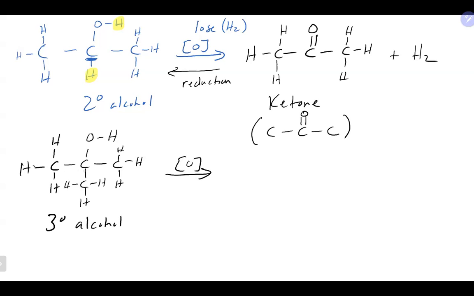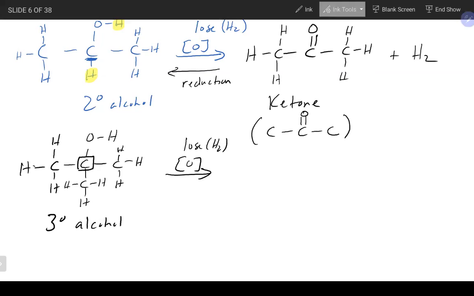And again, that is the carbon in the middle that's attached directly to 3 other carbons, which makes it a tertiary alcohol. We're going to lose H2, which means the hydrogen should come off of the oxygen, right?